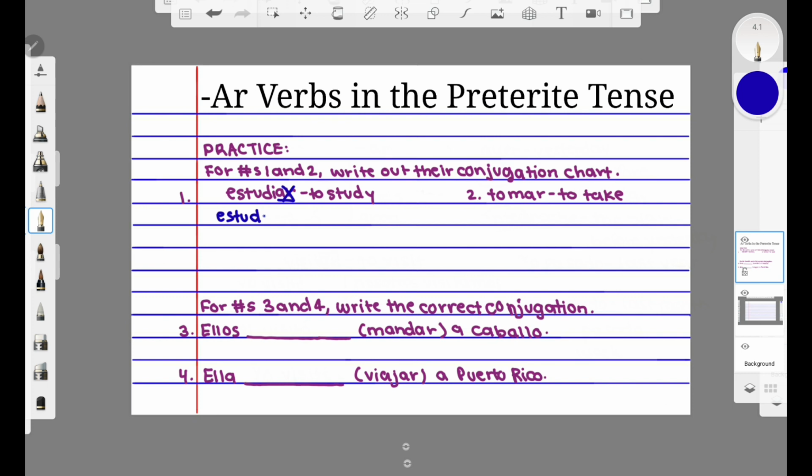So yo estudié, that would be I studied. Tú estudiaste. You studied. Usted, él, ella estudió.